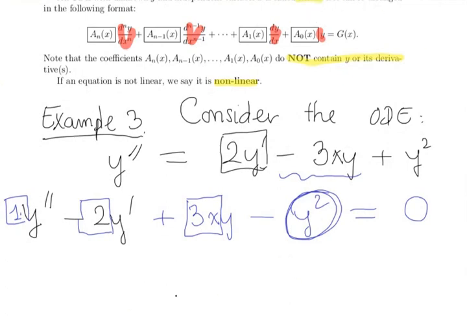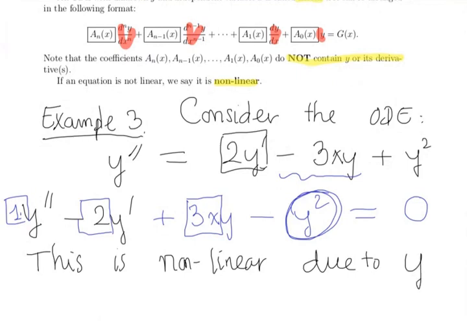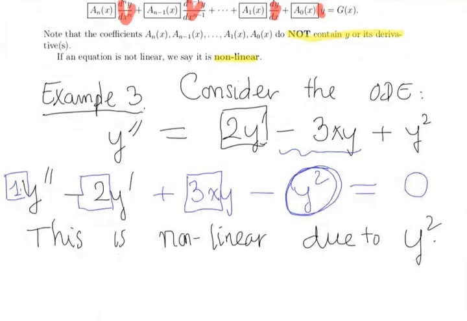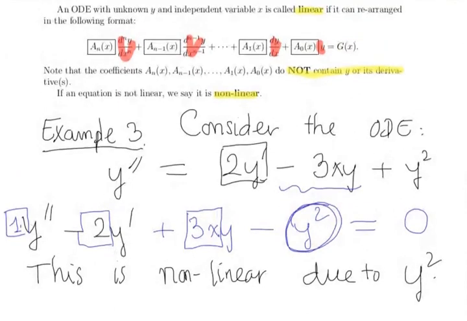So as a result, this is a non-linear equation, due to the factor of y squared. In a way, this almost follows the format because the coefficient of y double prime is 1, does not have y. The coefficient is negative 2, does not have y. The coefficient is 3x, does not have y. So these coefficients are good, but due to the y squared term, the equation is not linear.